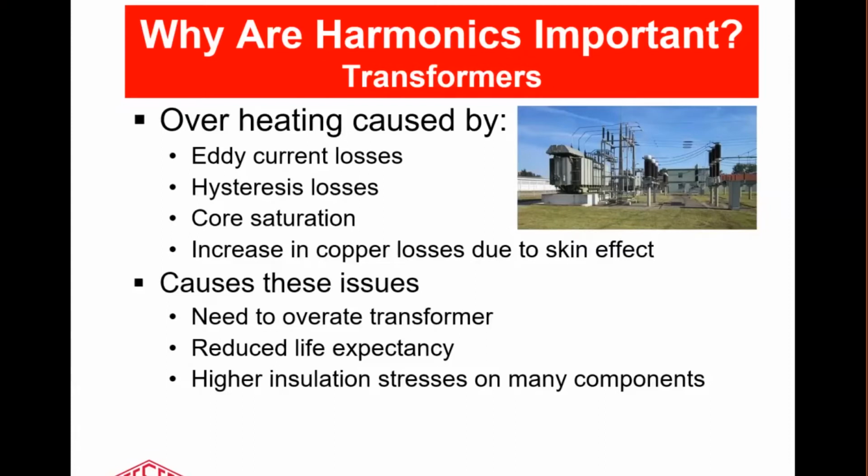The transformer life, because it's overheated, is going to be reduced. And again, especially if high frequency harmonics are involved, there's going to be higher insulation stresses on many of the components in the transformer and associated with the transformer installation.